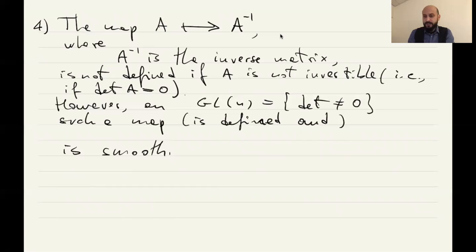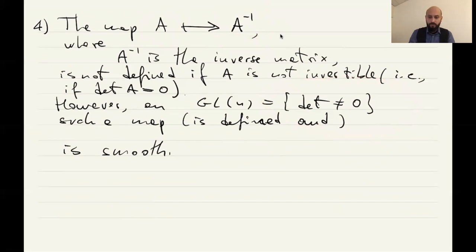From linear algebra we have formulas for the coefficients of the inverse matrix: you divide by the determinant of the matrix, and each coefficient is the determinant of some minor. So it is a ratio of two polynomials, and the one at the bottom, the determinant of A, does not vanish. Therefore, in the locus where the determinant does not vanish, the function is smooth.